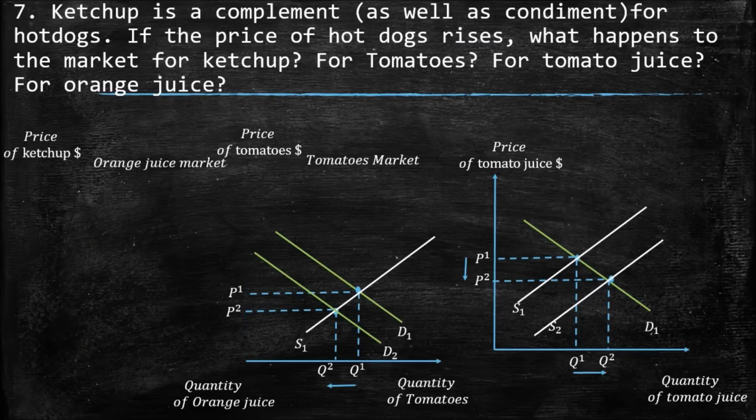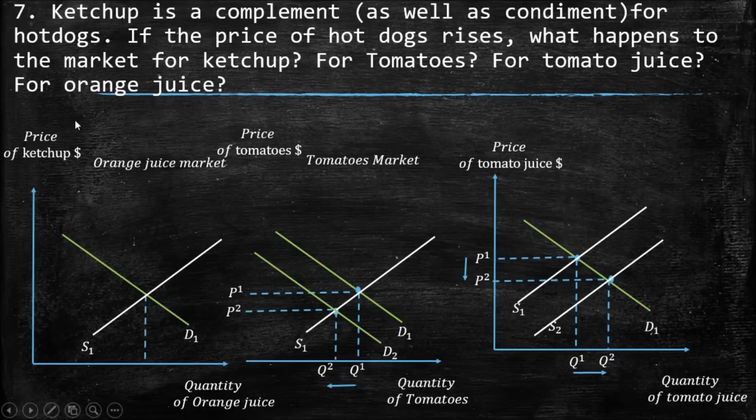Now for the orange juice market. Here we have the initial condition. Given that the price of tomato juice decreases, there's going to be a decrease in the demand in the orange juice market, if we think that orange juice and tomato juice are substitutes.